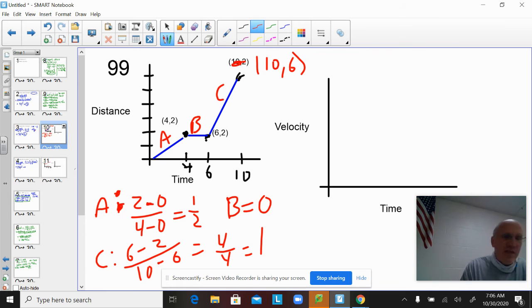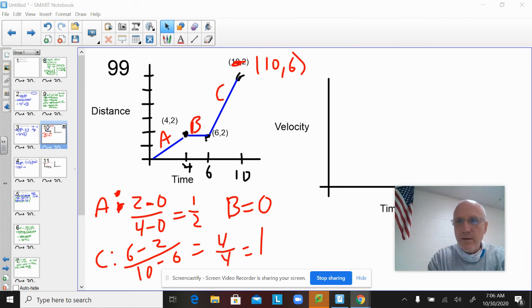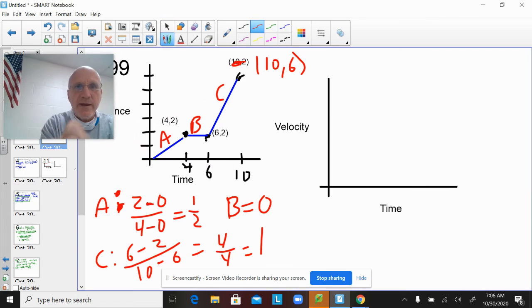Well, you've got to know that that means that whatever the slope of the function is, that's the y value of the derivative. So I'm going to label some points here. Let's go back here. And so I just need 4 and 6. And so that's 4, and that's 6, and over here is 10.